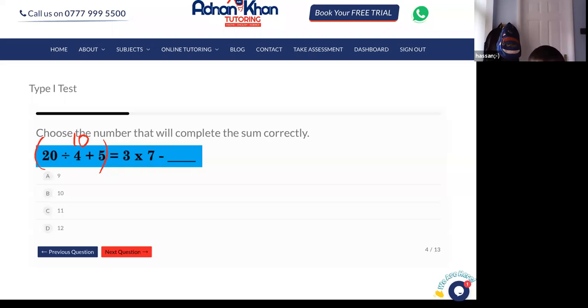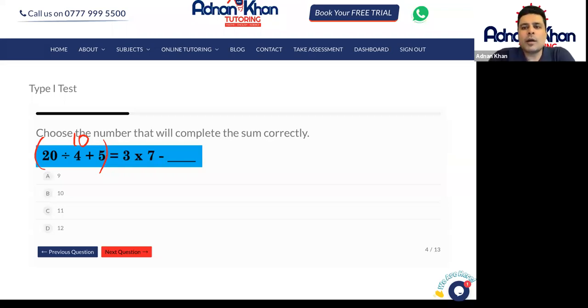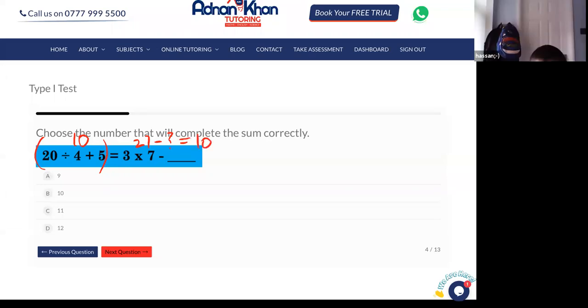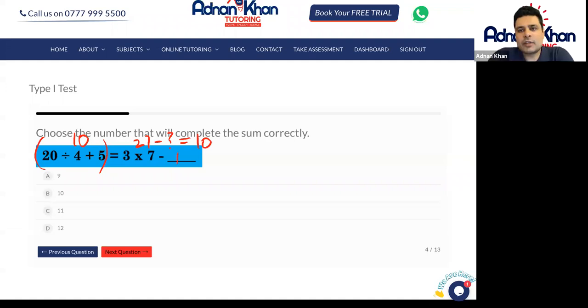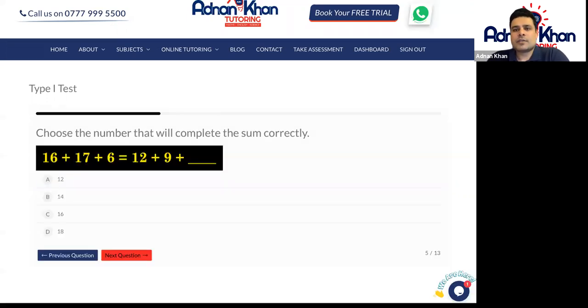And what's 21 take away what number will give us 10? 11. Very quick, Hassan. Thank you very much. So there we go. So we balance the equation and we have 10 on both sides. Okay, so in this case, the missing number that we were looking for is exactly 11. So let's go for 11 and just link that in. Thank you, Hassan, for that.